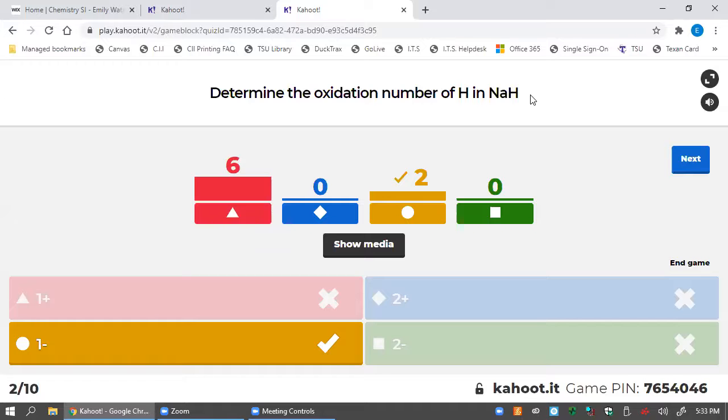Is everyone comfortable with that idea? It's -1 in this one because it's at the end of the compound. So sodium is +1 and hydrogen is -1 here.